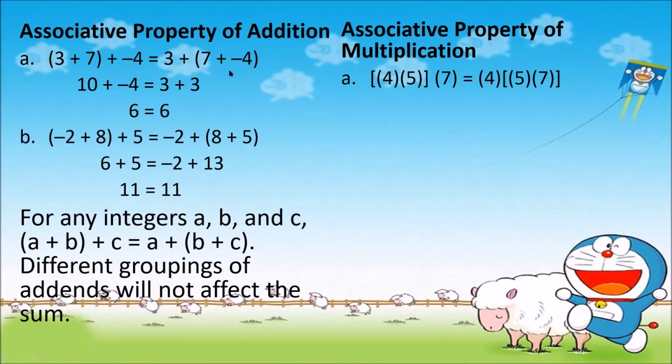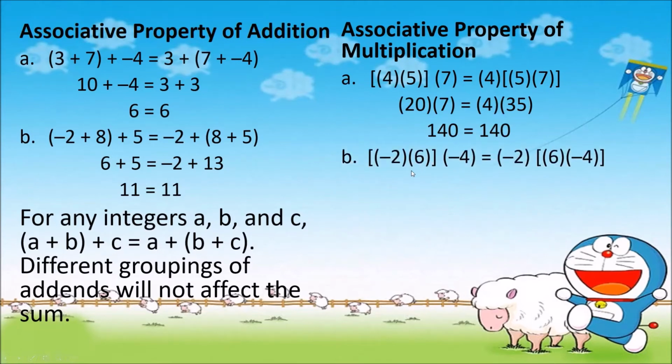So from this, the product inside the bracket is 20 times 7, and bring down 4 times the product of 5 times 7 is 35, and 20 times 7 is 140, and 4 times 35 is equal to 140.